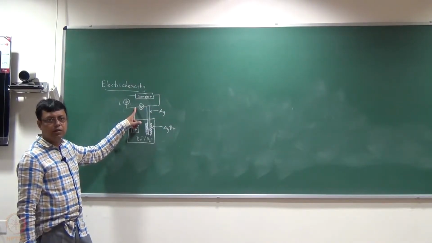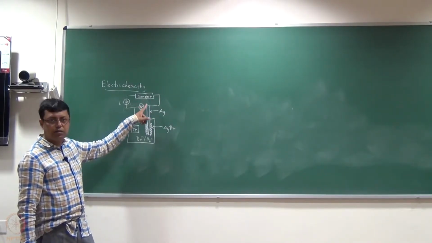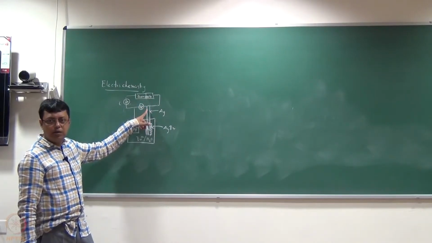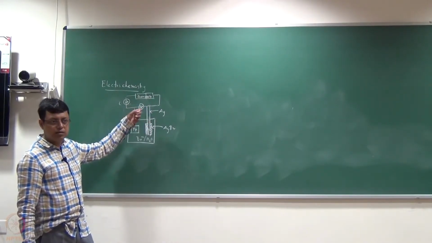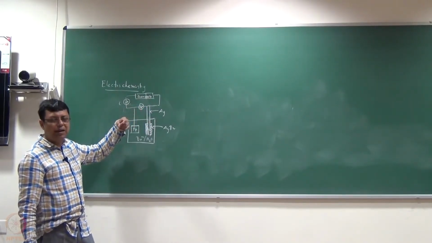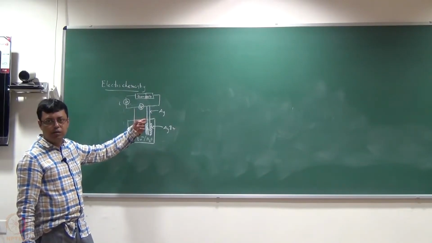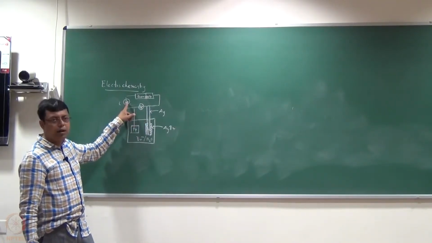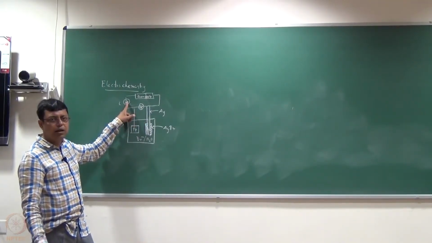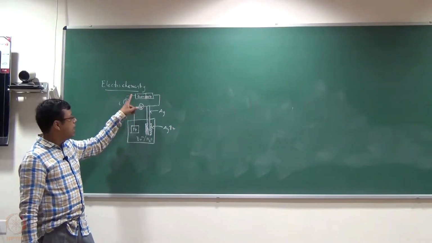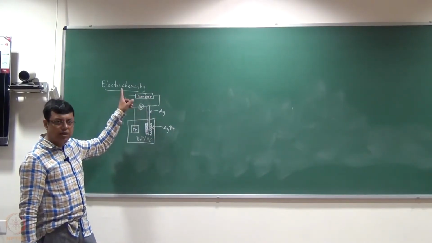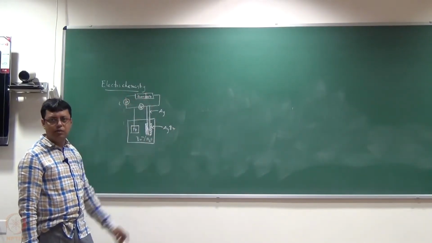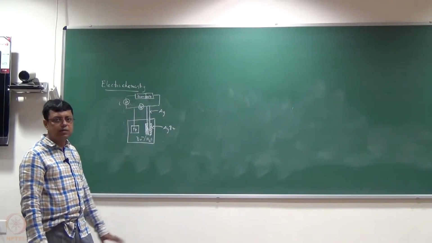A potentiometer is a parallel connection, and by definition it should have infinite resistance, so that practically no current flows through it. Then I have an ammeter where I can look at the current flow, and a power supply where I can apply a positive voltage as well as a negative voltage. Clear? This is my setup.